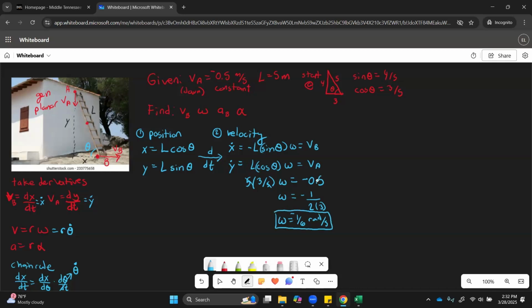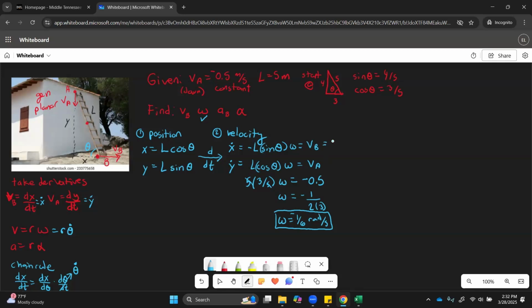So if you have 0.5 divided by 3, then you have 1/6. So we got omega. Now we'll take this omega and plug it into this equation and solve for VB.